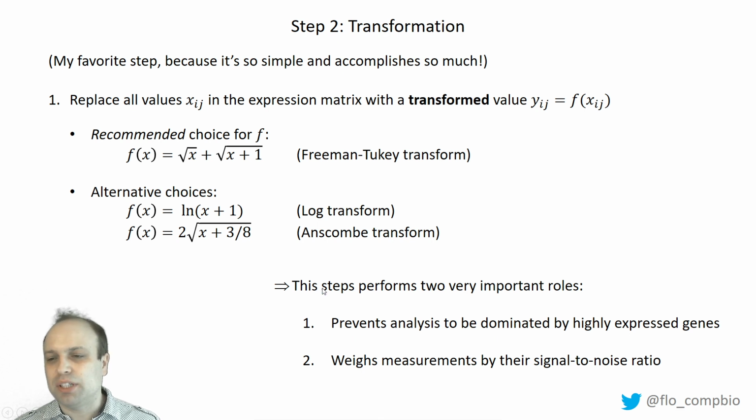So this step also performs two very important things. First of all, it prevents the entire analysis in the PCA from being dominated by the highly expressed genes. Expression levels often span two orders of magnitude or more. So if you didn't transform the data, the highly expressed genes, in absolute terms, just have a lot more variance. PCA looks for covariance, so it would be very biased towards these highly expressed genes because their absolute values are so much larger than all the other genes.